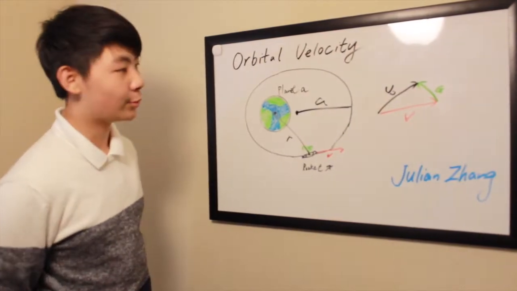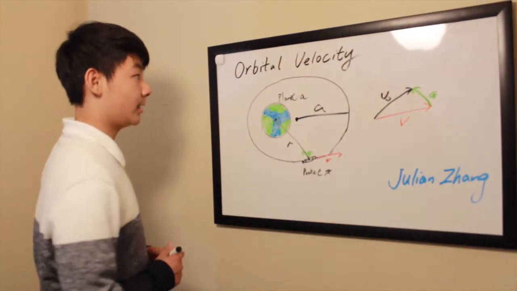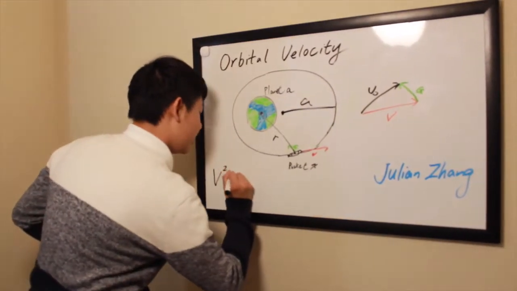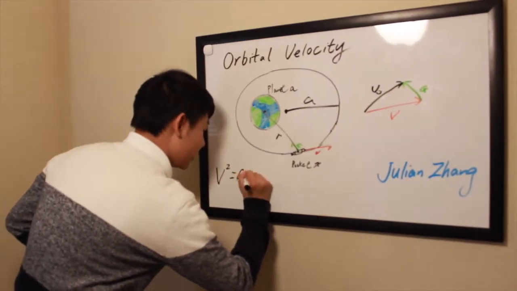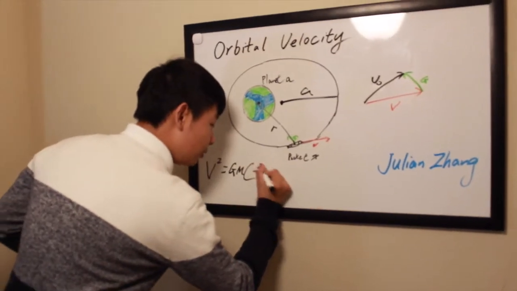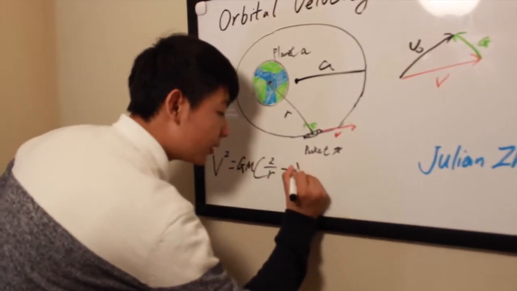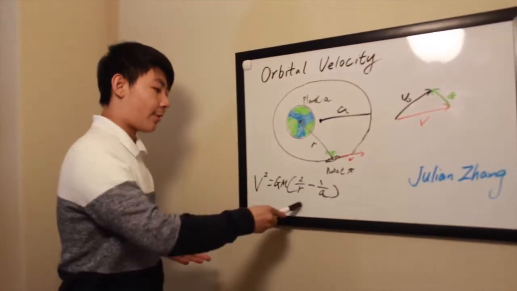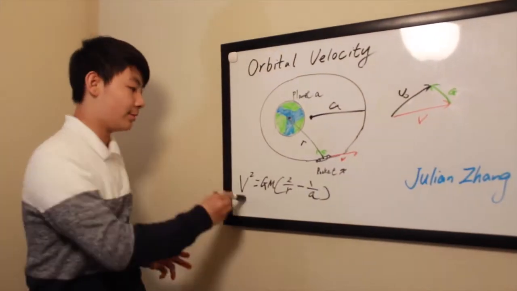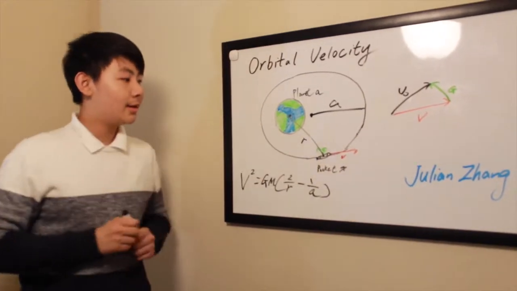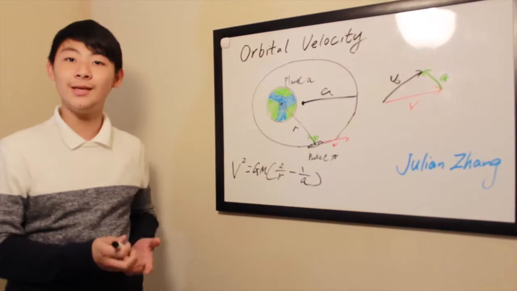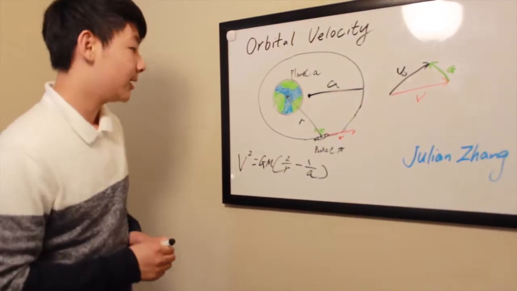So the important equation that we're going to have here, which is also the core of the calculation, is v squared equals GM times 2 over r minus 1 over a. So we already have r and a fulfilled, and we're going to calculate v. And G is a whole other equation which is fairly easy and Newton predicted for us.